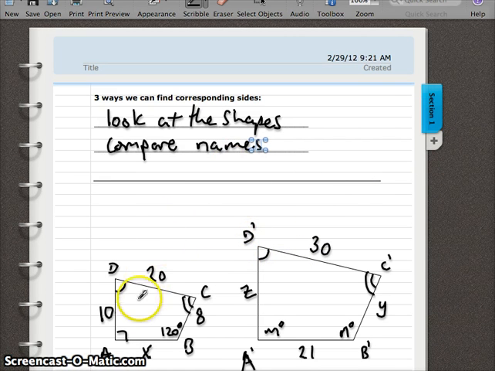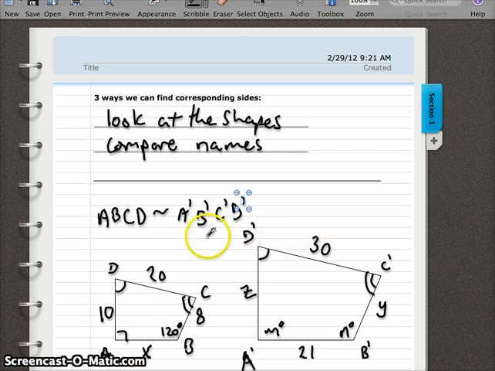So if we named this A, B, C, D, and we said it was similar to A prime, B prime, C prime, D prime, then you would know that AB corresponded with segment A'B'. So comparing names is also helpful. And then if they give you a picture, then they should also give symbols.